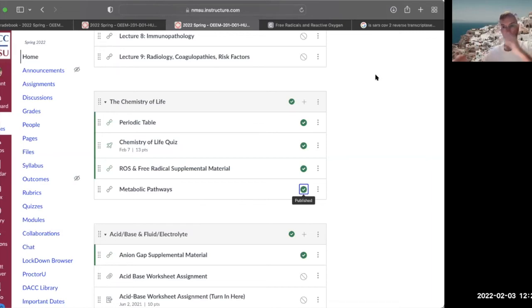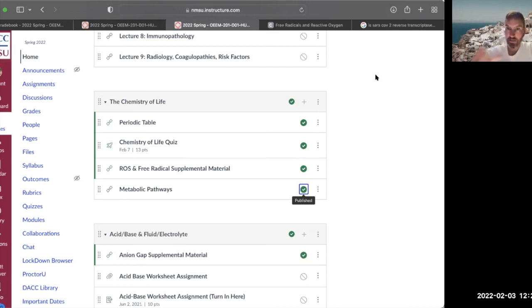Whereas chapter 9 is focusing more on the actual dysfunction, right? Which is what we'll get into next week. I think chapter 9 starts off with the cellular response to stress and injury, edema, electrolyte imbalance, acid-base imbalance, and that's all stuff that we're going to focus on next week. So a lot of what we talked about in the last couple of days has been more chapter 8 stuff.